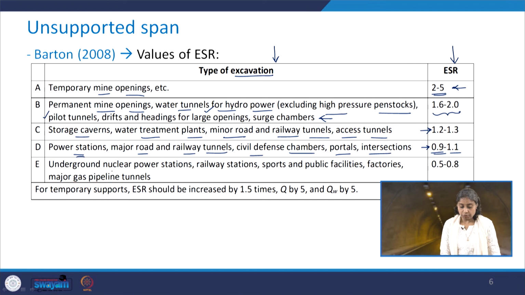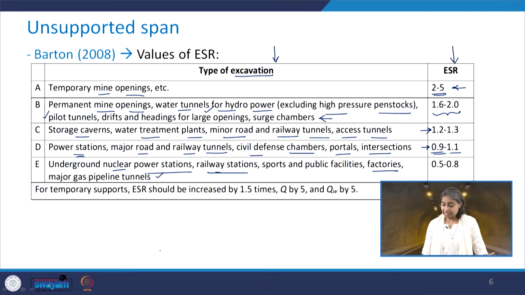For underground nuclear power stations, railway stations, facilities used for sports and public purposes, factories and major gas pipeline tunnels, in that case ESR is taken to be varying between 0.5 and 0.8.